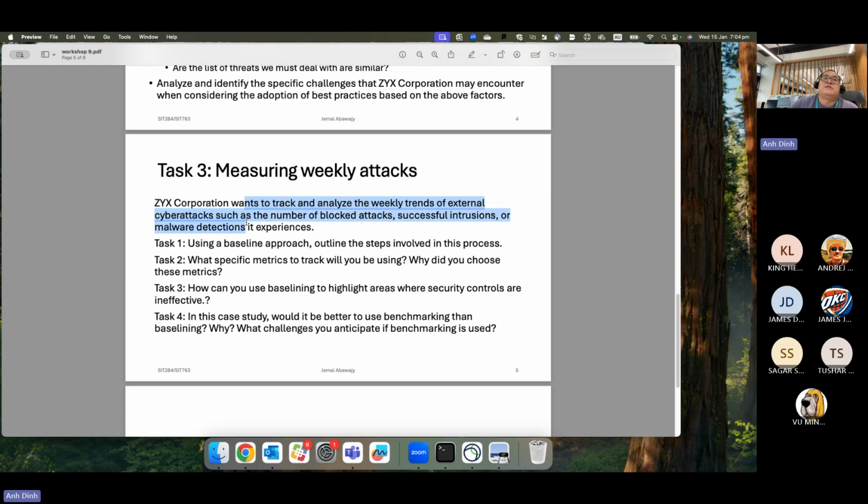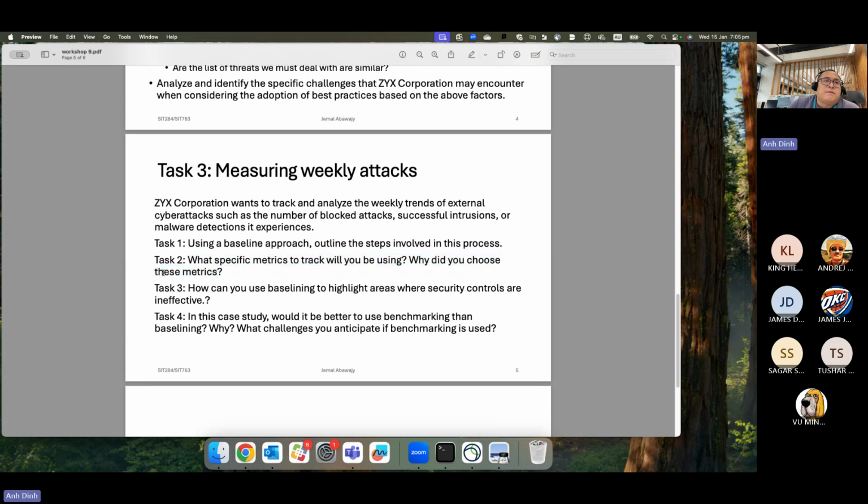So given this goal, there are a few things to discuss. First, if you are using the baseline approach, what steps do you need to take? And what specific metrics do you think are relevant for you to track in order to realize this goal? And of course, you need to explain why you select those metrics.